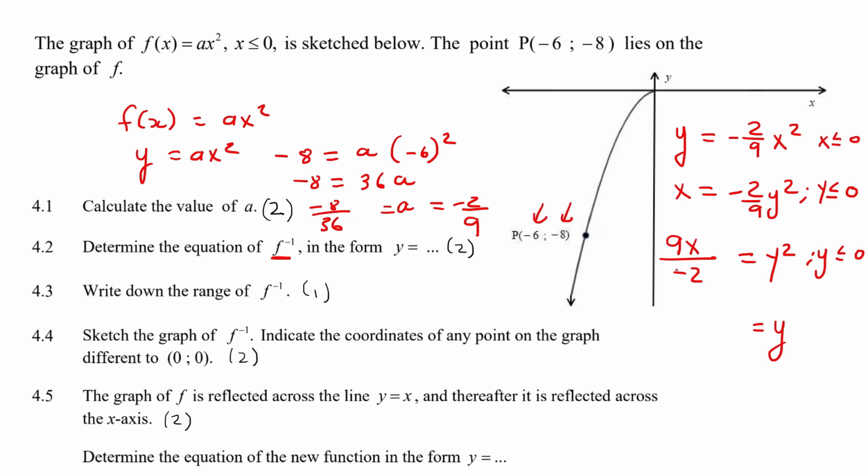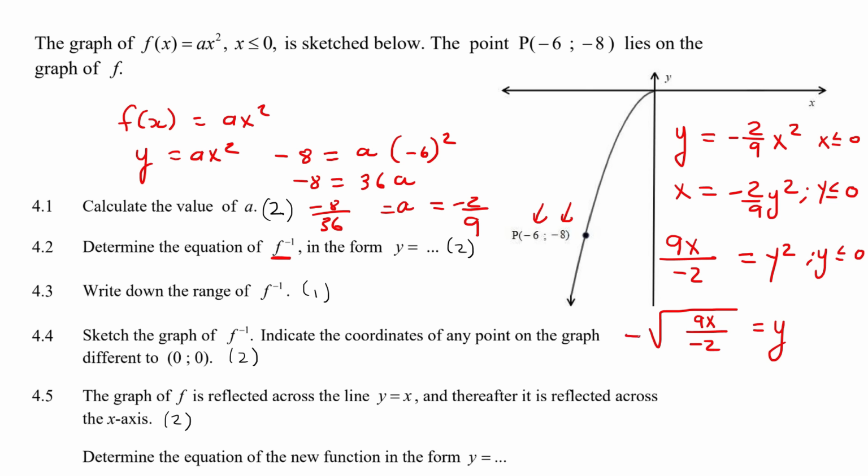And now, okay, so now we're going to take the square root. Now, normally we would say plus and minus whenever we take a square root, but we got to be careful now. Sorry, that's negative 2. You can write it in different ways. You could write it as like that. You could put the negative next to the 9. It doesn't really matter as long as there's a negative somewhere. Now, we've got to think about this. We know that whatever's inside a square root is never allowed to be negative. It must always be positive. So this part here is positive. But they told us here that y must always be negative. So do you think we're going to use the plus or the minus in the front?